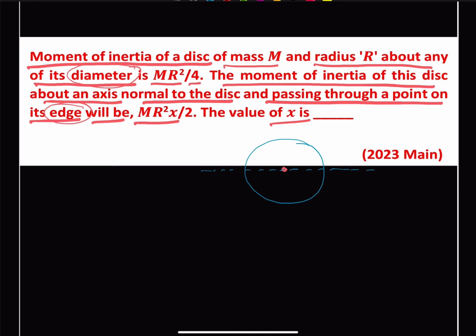Okay, so let us suppose this is the other one. Let us call this our Ix, and this one our Iy.